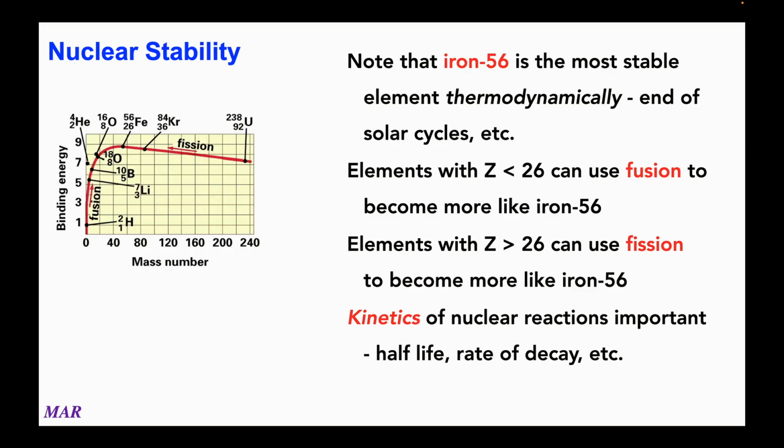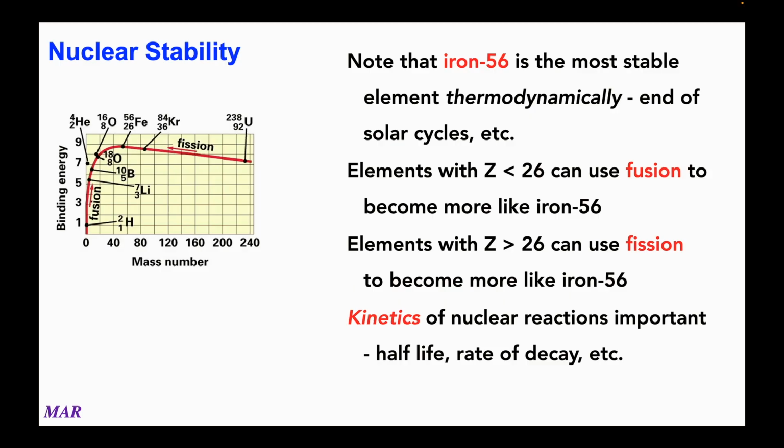On the other hand, the greater elements like uranium, krypton, molybdenum, etc., will use fission to become more like iron 56. And if you think about this long enough, you can envision probably one day a universe of nothing more than iron 56. At that point, all energy would stop because there's no more reason to have anything but iron 56 around, kind of a dark, dreary thing.